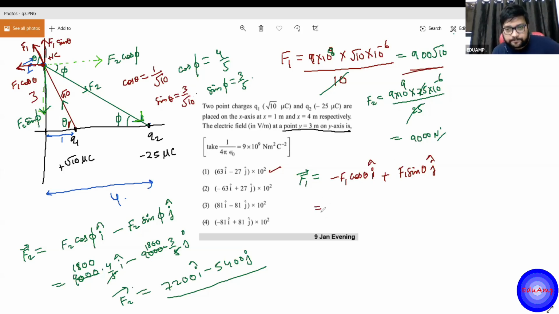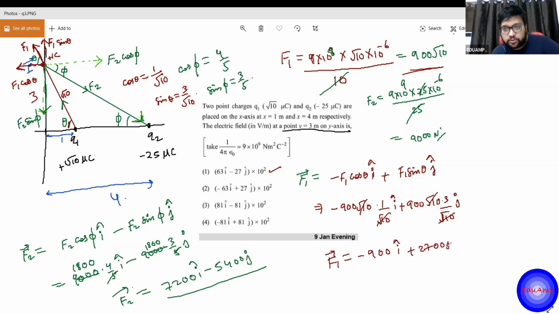So negative 900 root 10, the value of cos theta is 1 upon root 10, i cap, plus 900 root 10, the value of sin theta is 3 by root 10, j cap. This is the beauty, that they give data so that it cancels. So F1 vector is negative 900 i cap plus 2700 j cap.